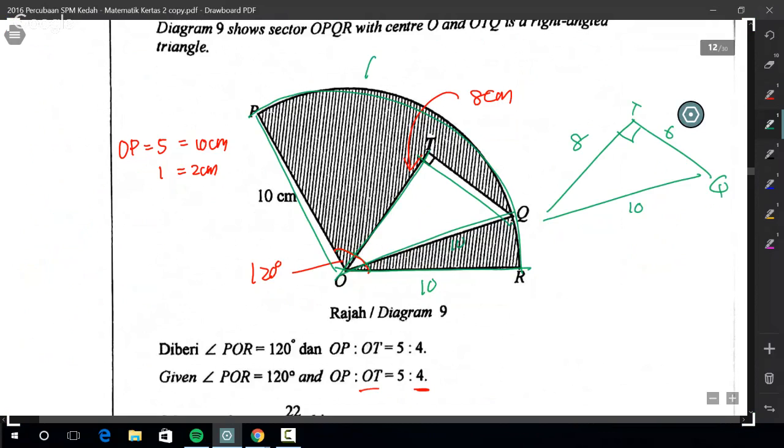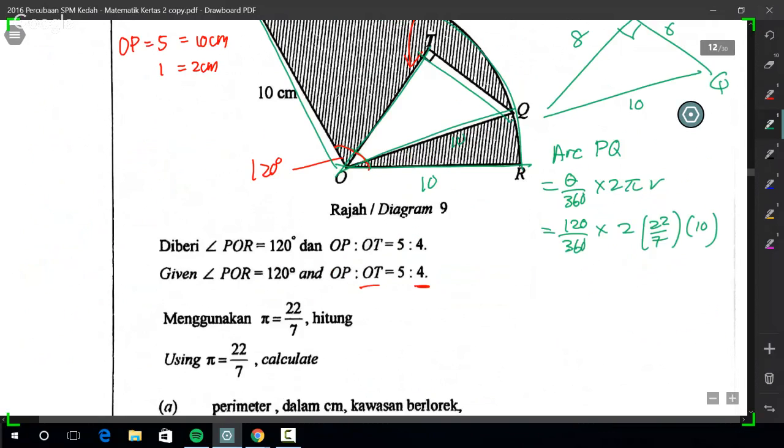I only have the arc length left. So I want to find the arc length PQ. The arc length formula is angle divided by 360 multiplied by 2 pi r. The angle is 120 over 360, multiplied by 2, pi is 22 over 7, and r is 10. This is how we find the arc length of PQ. This is 1 over 3.